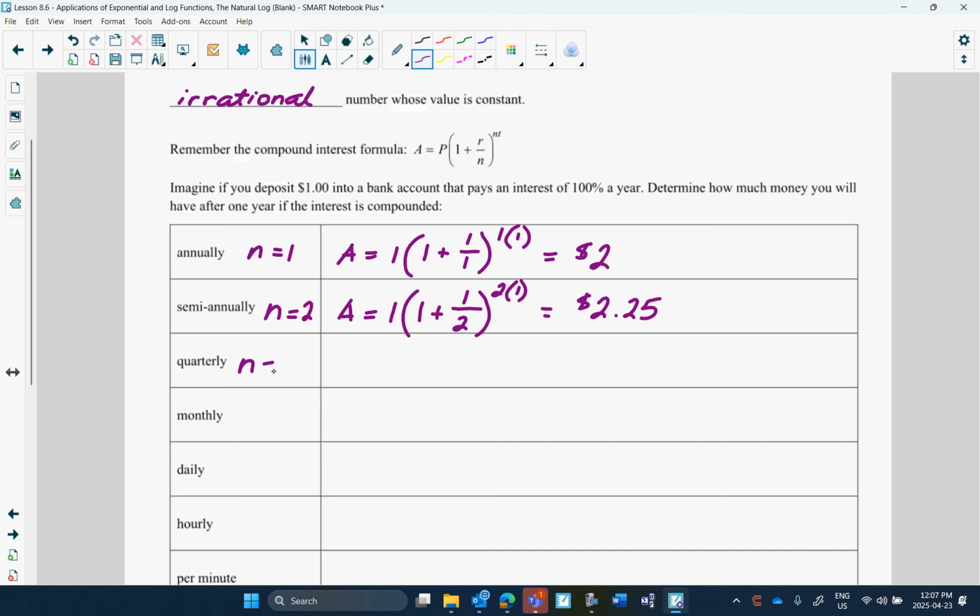Quarterly. Interest is calculated 4 times. Everything stays as 1 except for n. When you do all that and calculate it out, you get $2.44. Okay, it's still growing.